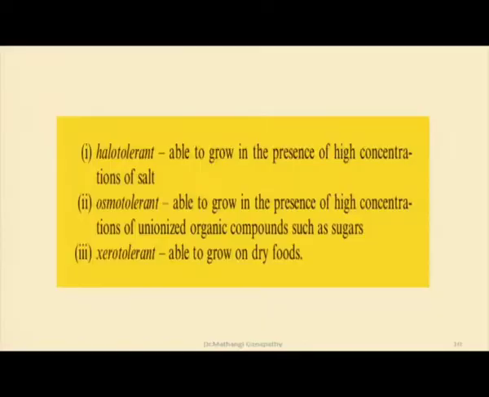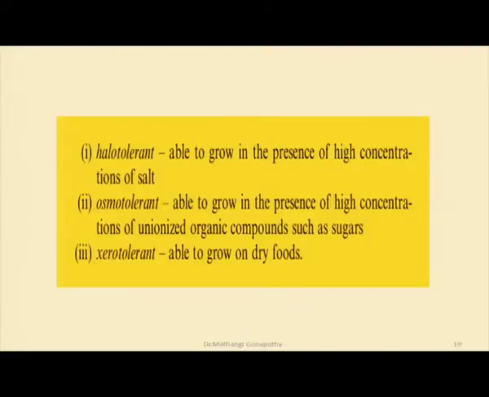The next aspect we talk about are halotolerant, osmotolerant and xerotolerant organisms. Normally in food preservation we can use a high amount of salt, a high amount of unionized organic compounds like sugars, and completely desiccate to produce dry food. In all three conditions normally microbes cannot grow, but you do have organisms which can still withstand these high concentrations.